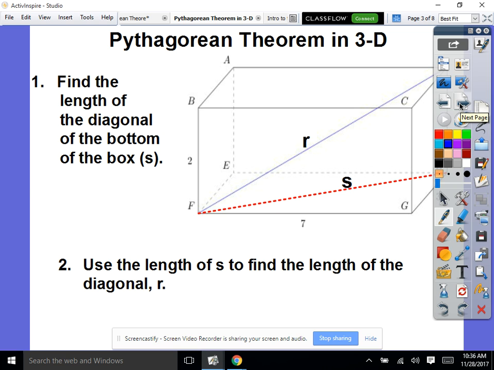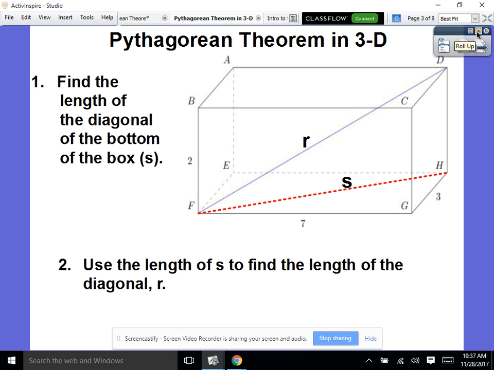All right, so here we have a 3D figure, and number 1 says find the length of the diagonal of the bottom of the box, which is portrayed by S, and then we're going to use that to find the diagonal of the box, which is R. So let's get this out of the way so we can see.